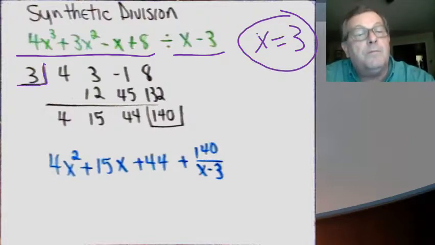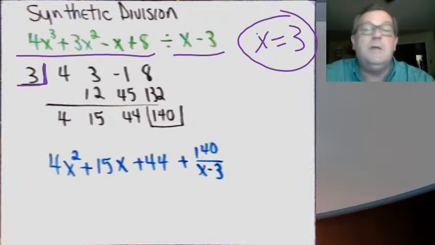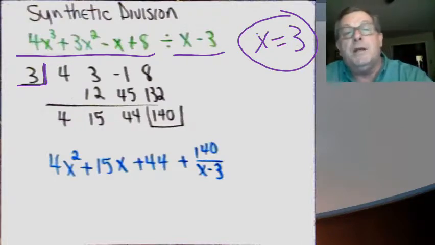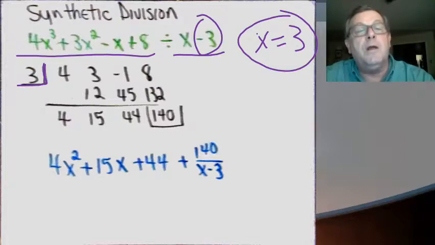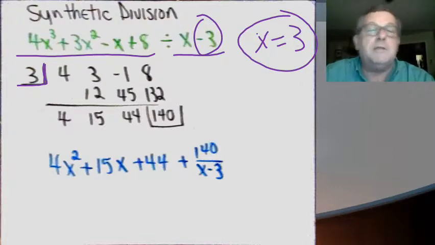We put a little box here, half a box, to put what we're dividing by, which is a positive 3, not the negative 3. Also in our setups, we're going to bring down just the coefficients from the polynomial. So here's the 4 representing the 4x cubed, the 3 representing the 3x squared, minus 1 for the minus x, and 8 for the constant plus 8.